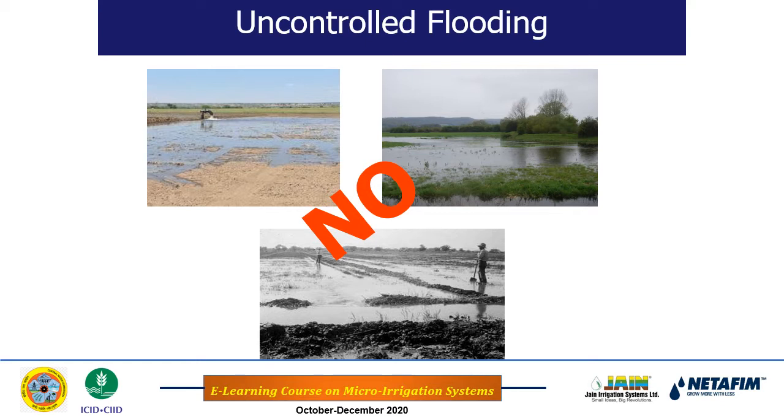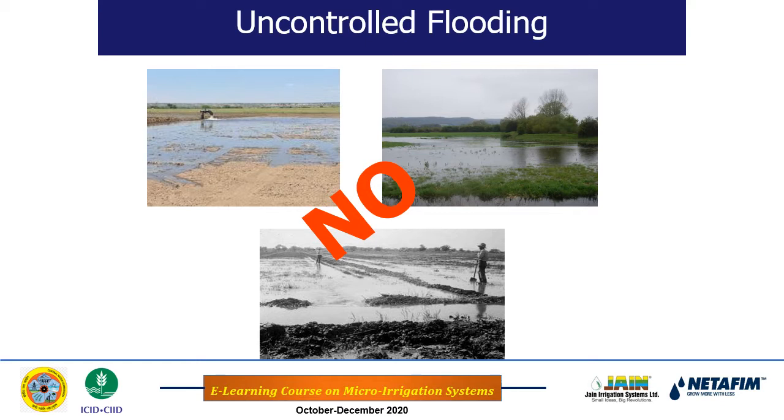For any irrigation method, irrigation means basically diverting the stored water in some sources to the field, and when it comes to the field, then distributing this water into the field in such a way that we store the desired amount of water in the root zone of the crop.